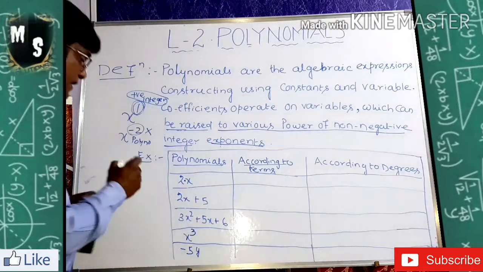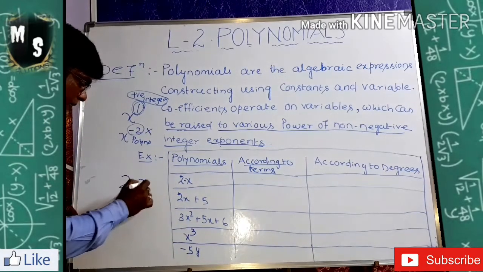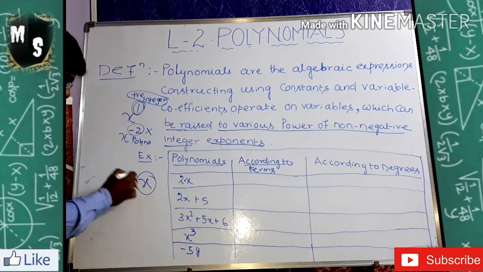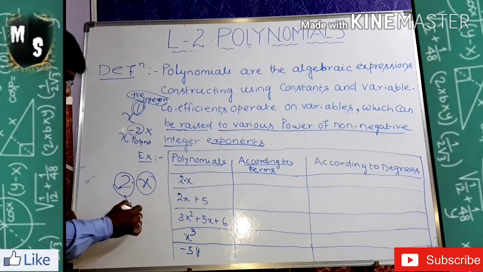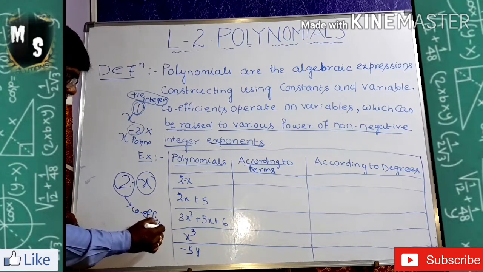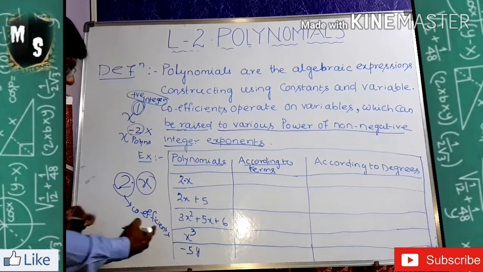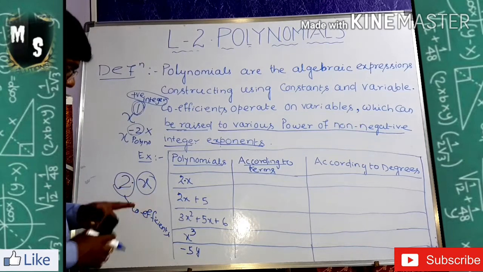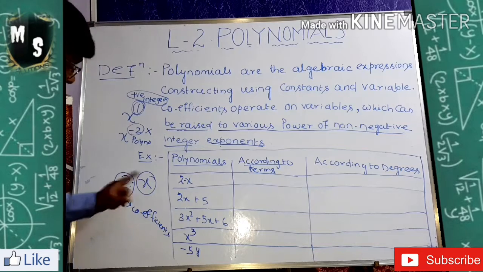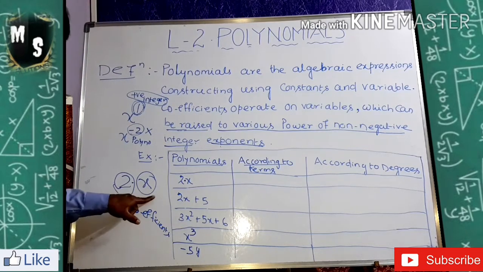Again I am showing on the side the variable multiples. It is a variable. What is the multiple for the variable? 2. So this 2 is called the coefficient. I hope you understand what is coefficient operating on variable. Look at this coefficient. What is the coefficient? Coefficient is 2. On which is it operating? It is operating on the variable x.